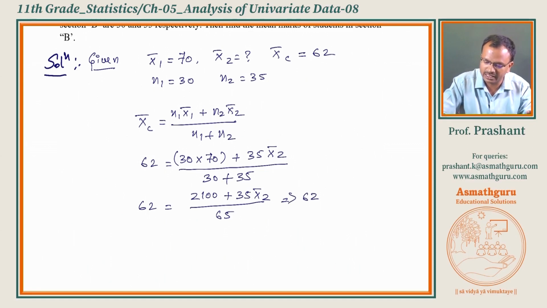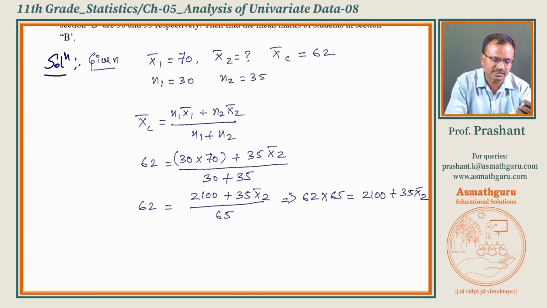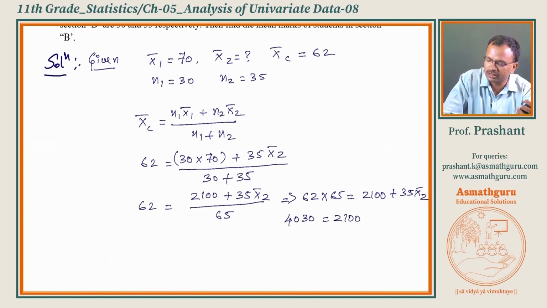That is 62 into 65, equal to 2100 plus 35 x bar 2. Multiplying 62 into 65, you will get the answer as 4030, equal to 2100 plus 35 x bar 2.